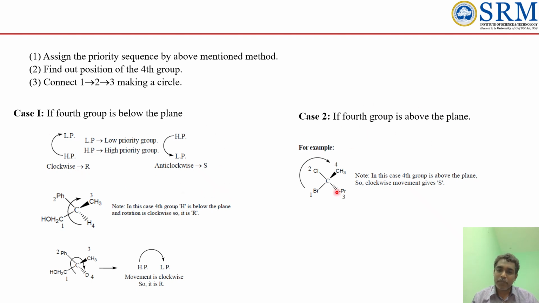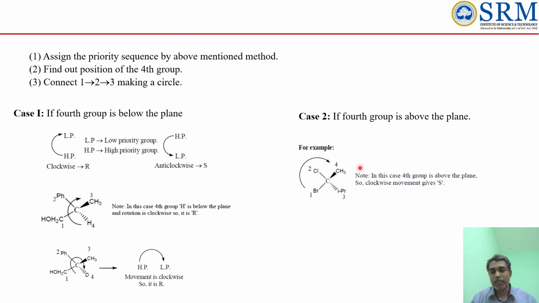Whereas if the fourth group, that is the fourth priority methyl, is below the plane, this is the second case. You assign all the substituents as usual. For example, bromine takes priority 1, chlorine takes priority 2, isopropyl takes 3, and 4. But the fourth substituent is towards me. Always we keep the fourth substituent away.